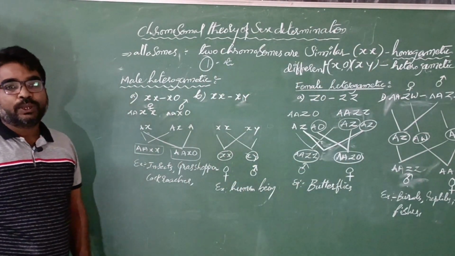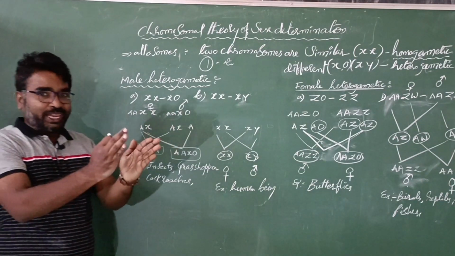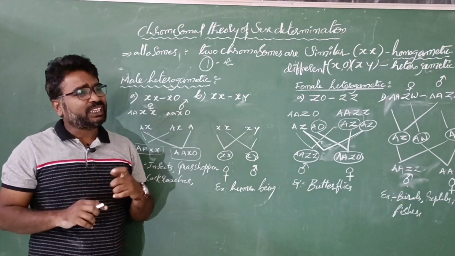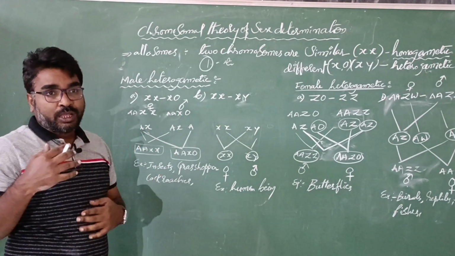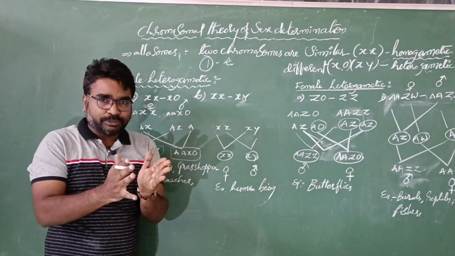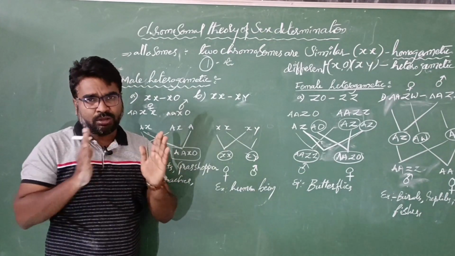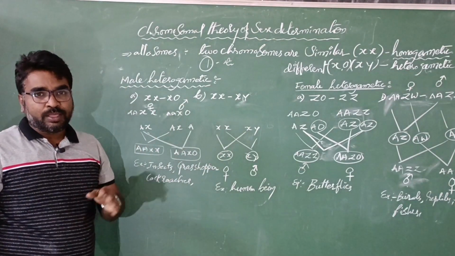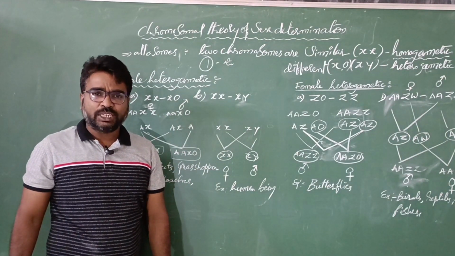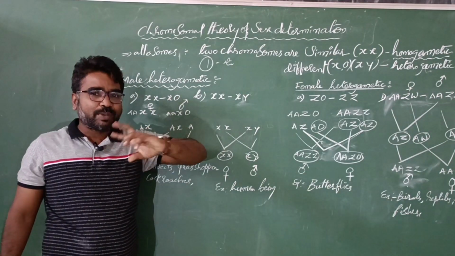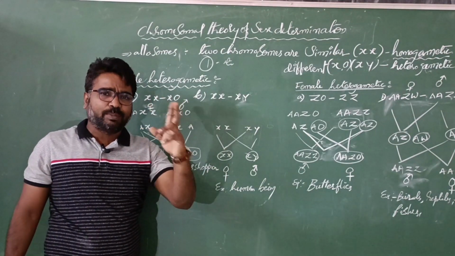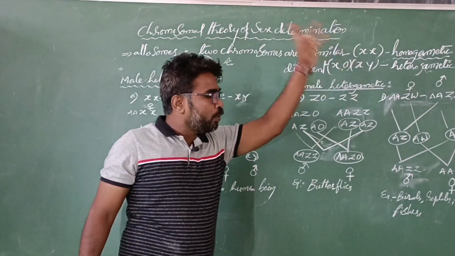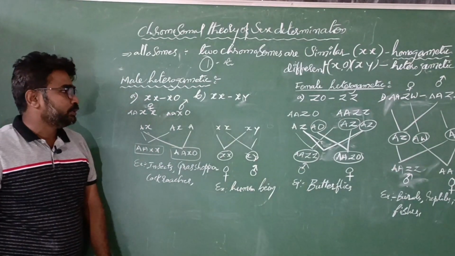Heterogametic and homogametic. The chromosomes are divided into half at the time of fertilization, and gametes are produced. If the gametes are produced with the same type of chromosomes, we call it homogametic.